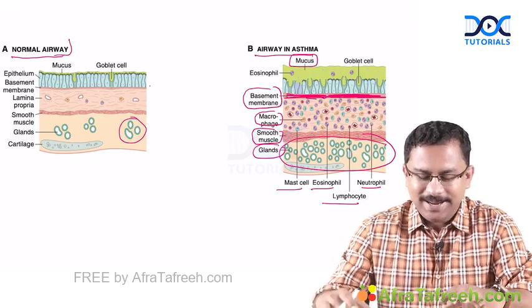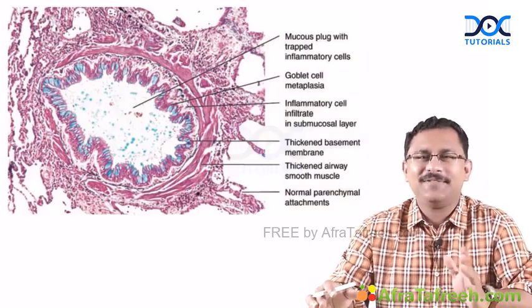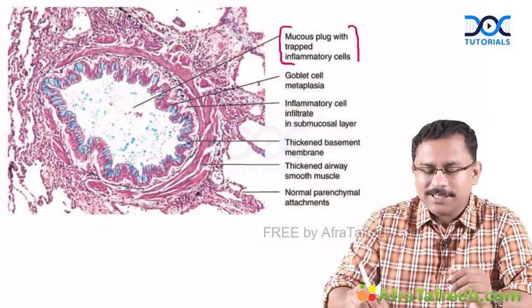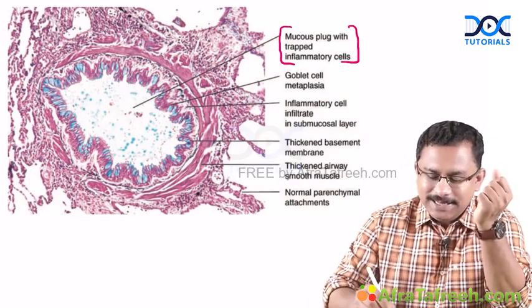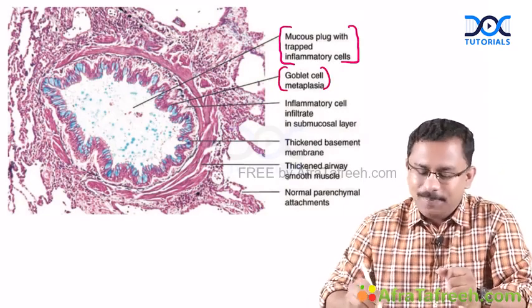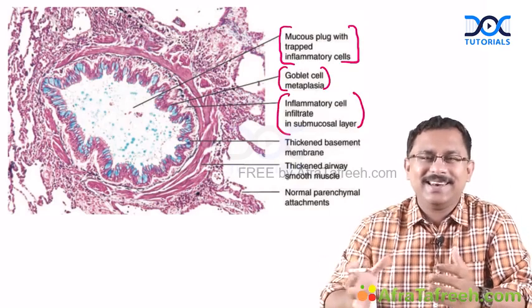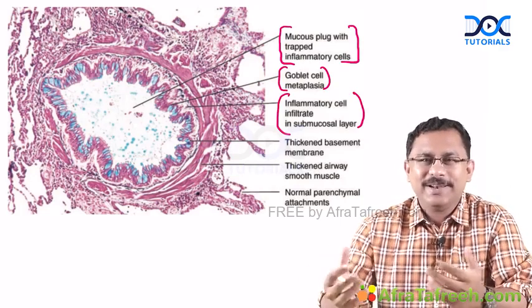So just to summarize, this is just another section of the airway, another figure I have taken from Harrison. So you can see what are the changes. You can have a mucus plug which is trapped with the various inflammatory cells. You will get goblet cell metaplasia. Inflammatory cell infiltrate. We have already seen the Th2 cells, eosinophils, neutrophils, basophils.